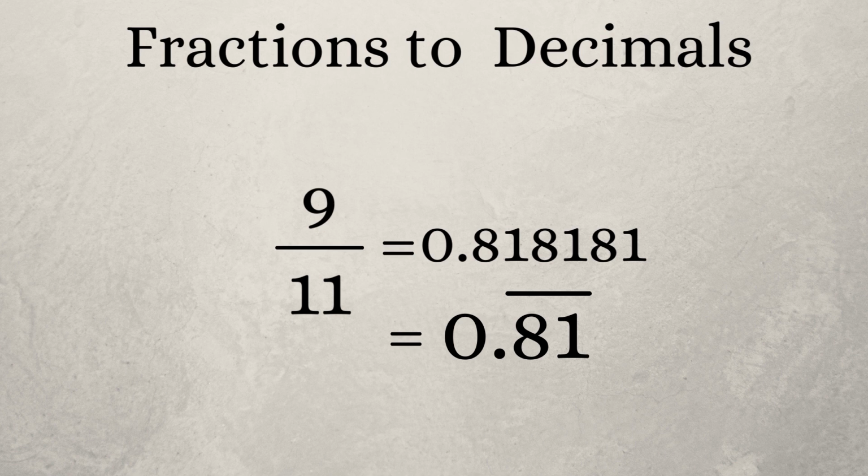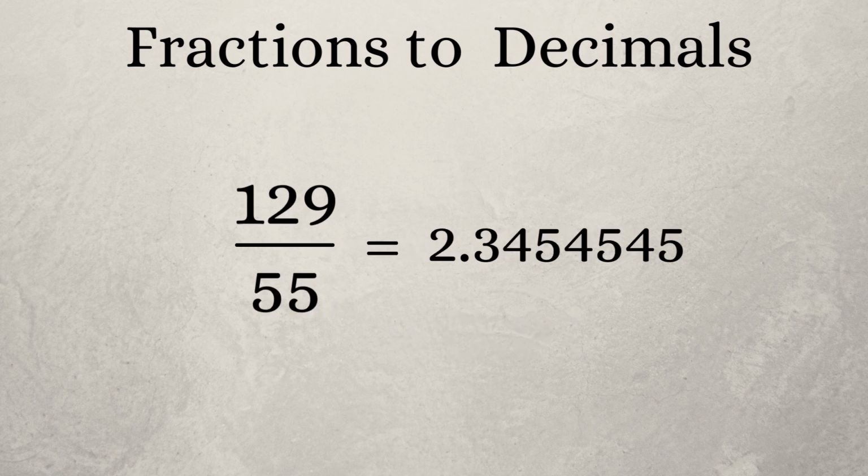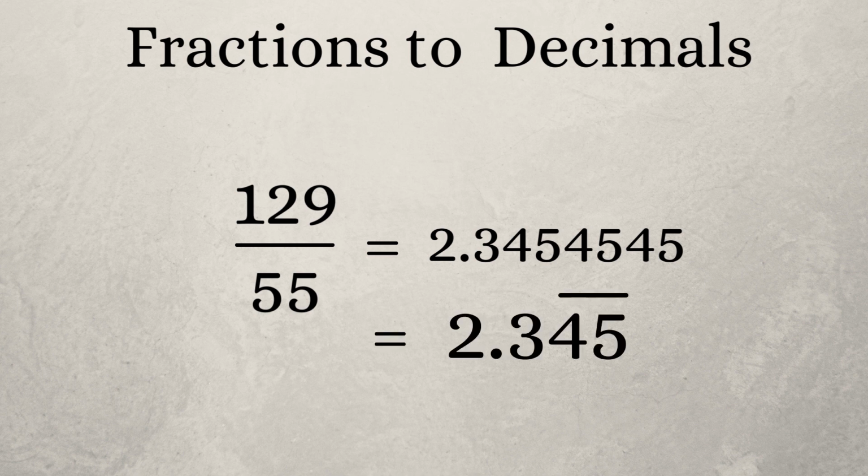Finally, let's take another large fraction, 129 by 55. After doing long division, we can find the answer to be 2.3454545 and so on. So the numerals 45 are repeating here. So you place a line only above 45 and not the 3 as shown here.